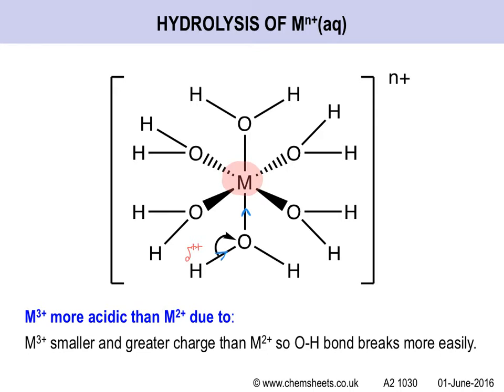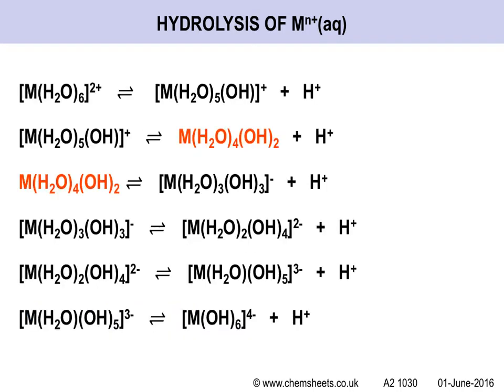But it is an equilibrium, let's not forget. So this page is showing us the first equilibrium, the second, the third, fourth, fifth, sixth, etc. Notice that the species in red doesn't have square brackets, so it doesn't have any overall charge.